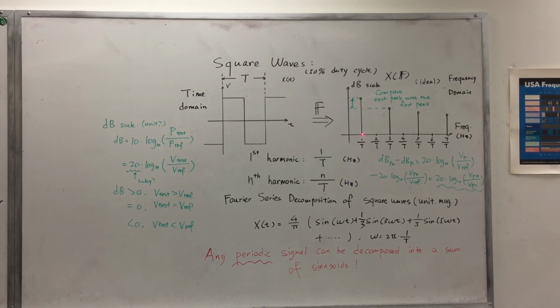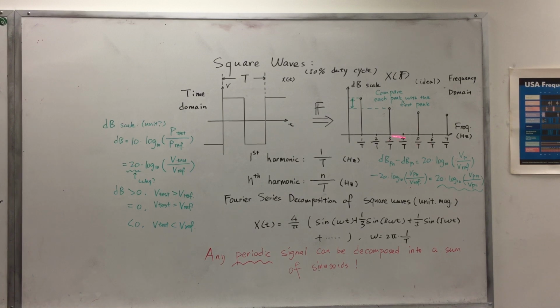At the original frequency, you have some finite component at a frequency of 1 over T. You have some component at frequency 3 over T, some components at frequency 5 over T, some components at frequency 7 over T. So it's really saying the same thing: a square wave is made up of sine waves at odd harmonics.